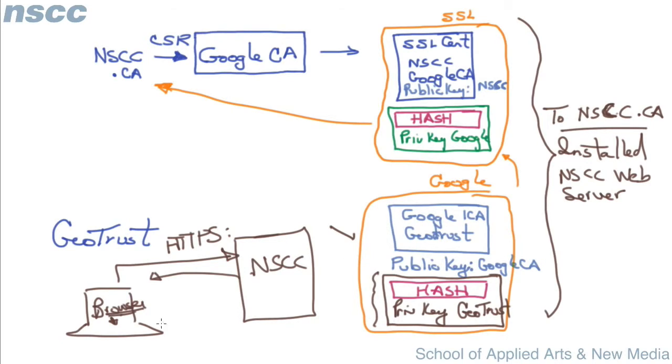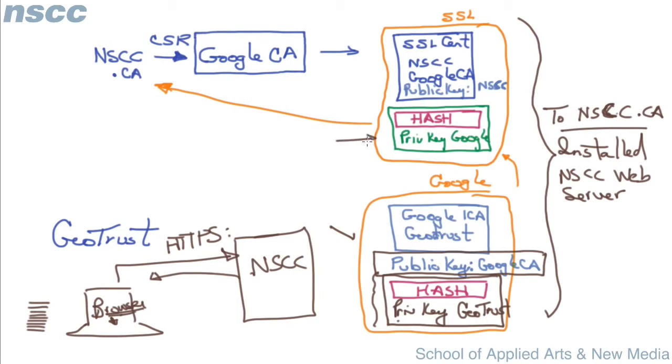So it says, okay, I trust all root CAs that are in my list. And we looked at the keychain, it had a list of all root CAs. Because it can decrypt this, it says, I trust anything that this root CA trusts. Well, the root CA has signed this certificate from Google, the intermediate CA, so it automatically trusts that. And it gets the public key from Google.